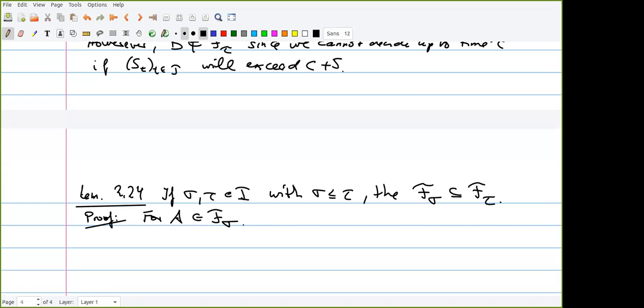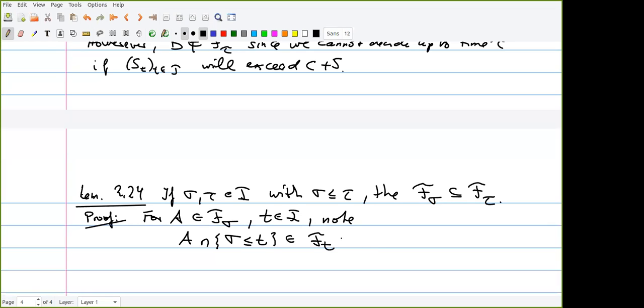So first, we take an element t in the index set and we note that A intersected with sigma less or equal than t is in F t.